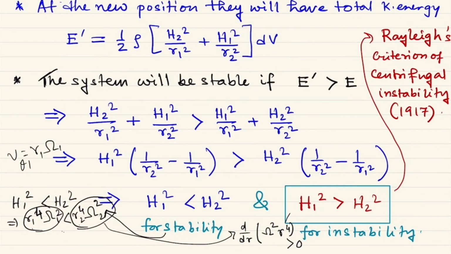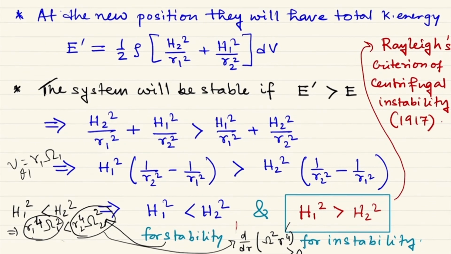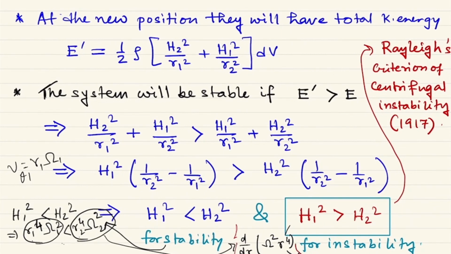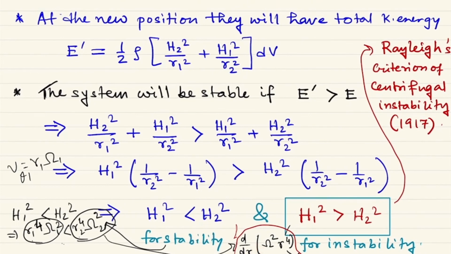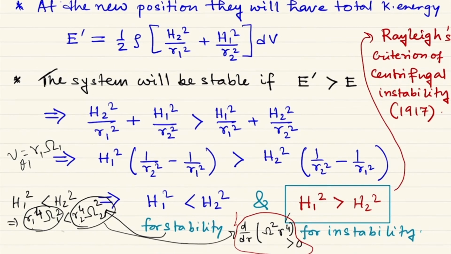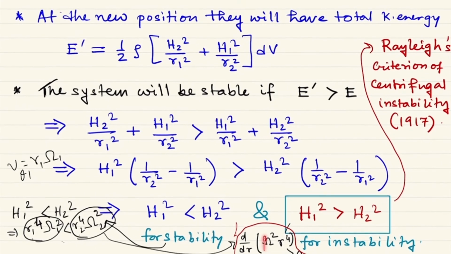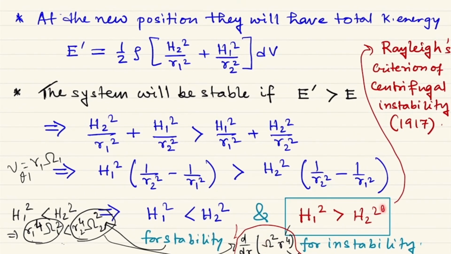This is known as the Rayleigh criterion for stability, or the Rayleigh criterion for centrifugal stability. The opposite condition is known as the Rayleigh criterion for centrifugal instability.